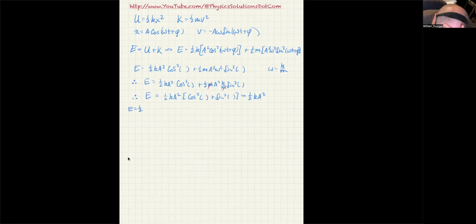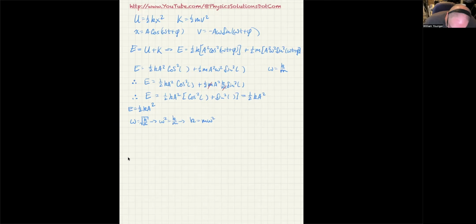E equals 1/2 k A squared. But we could actually do that a different way, and instead of replacing the omega with k over m, we could realize that k is related to omega. So for instance, we have omega is equal to the square root of k over m. That implies that omega squared is equal to k over m, and that implies k is equal to m omega squared.